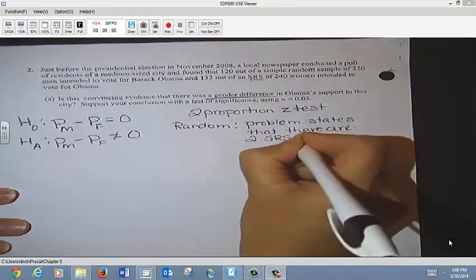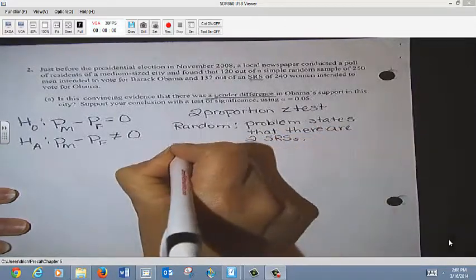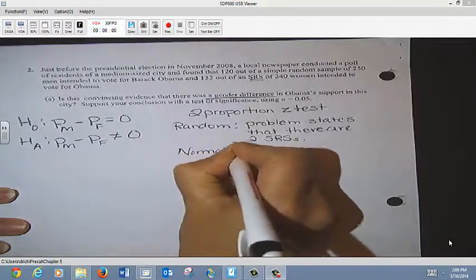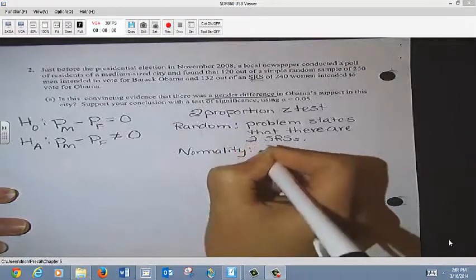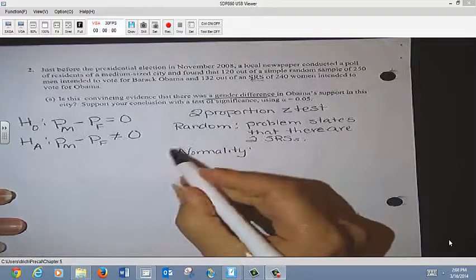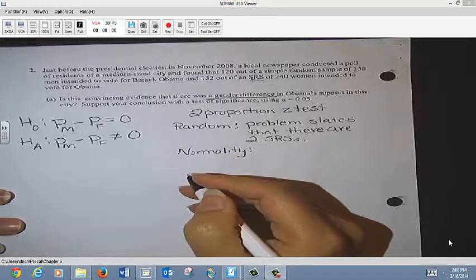Okay, our normality condition. Remember, this is for proportions, so the normality condition for proportions is that the numbers of successes and failures for male and for female all have to be greater than 10. And you don't actually have to look at the proportion.